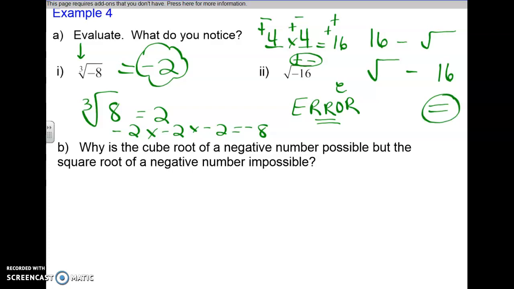There is no way to find 2 identical factors that are going to multiply and give me that negative 16. So our note for ourselves here, we understand the calculator is going to tell us error. We cannot take the square root or any root that's an even index of a negative number.